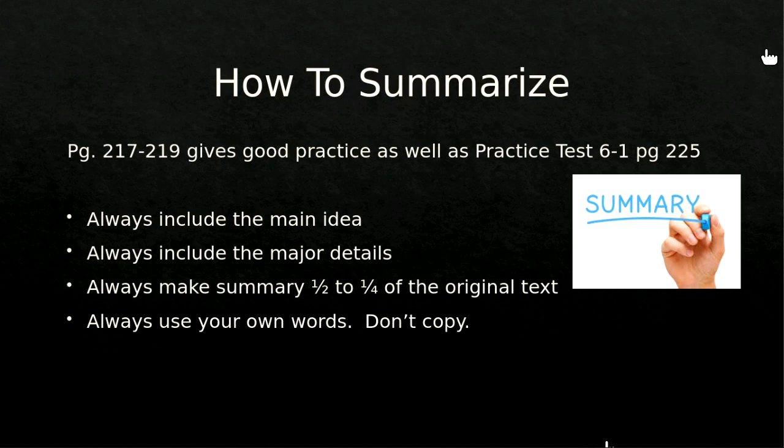And then B was too general. I don't know what the A's are. It says the 3 A's. But those A's are important. Those are the major details. So I have to include those. So B is not good. C, do you see how they restated the main idea?